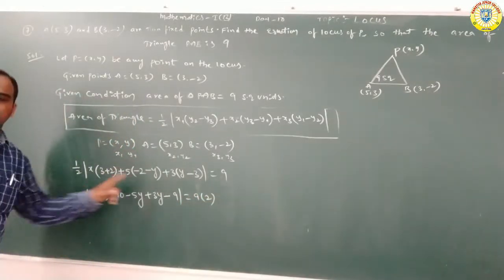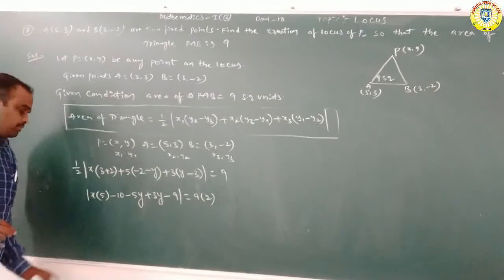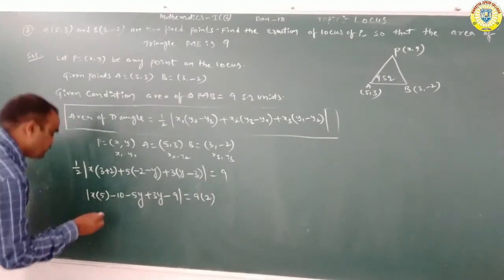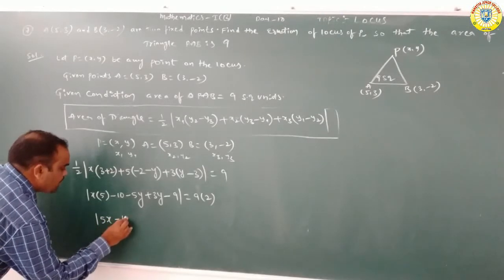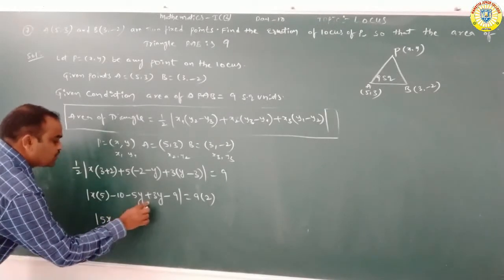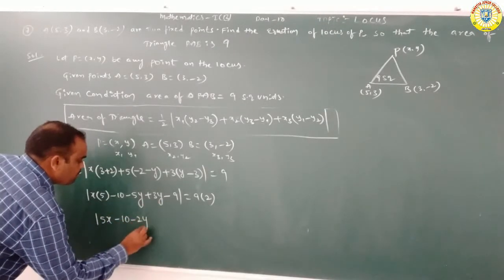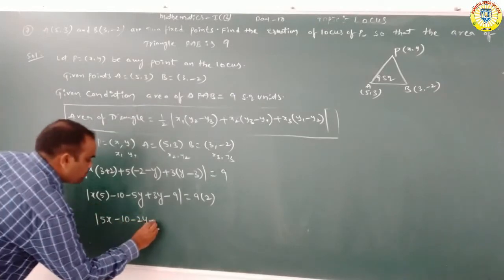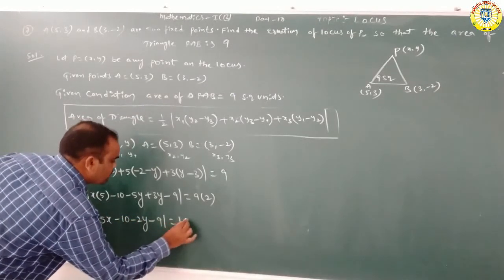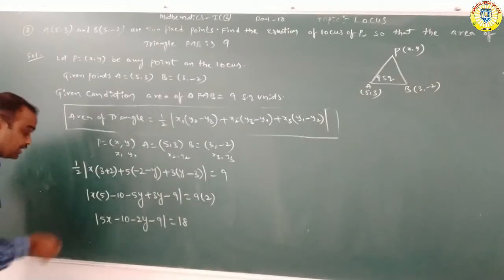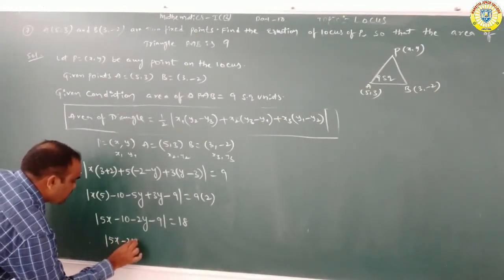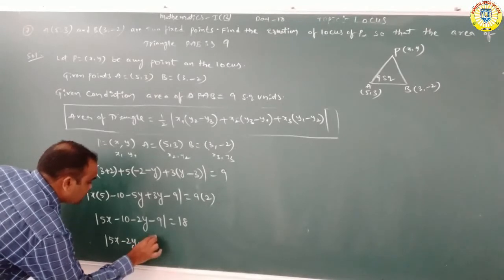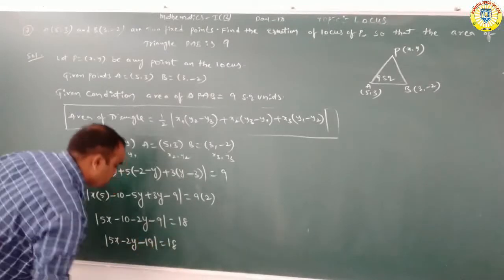The 2 is multiplied to the right side. Now simplifying: modulus of 5x minus 10, minus 5y plus 3y is minus 2y, minus 9, equal to 18. Simplifying this: 5x minus 2y minus 19 is equal to 18.